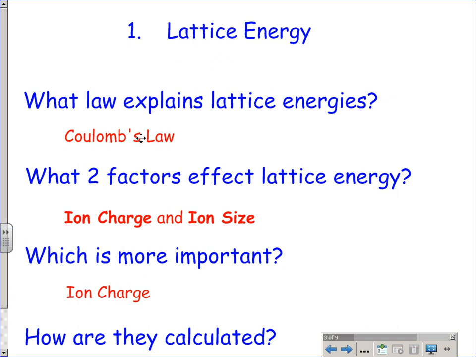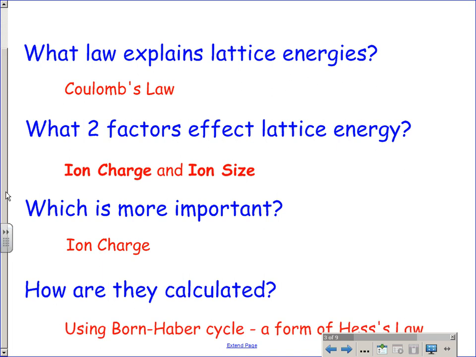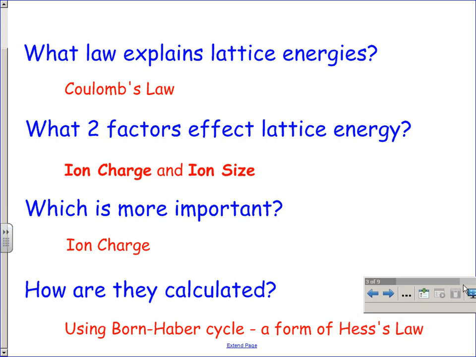And then finally, how are they actually calculated? Well, we don't do a lot with the Born-Haber cycle, but you need to understand the principle behind it. This is how we calculate lattice energies. It's really an application of Hess's law. So what we're really looking at is how, by looking at a variety of ionizations and formations and electron affinities, we can determine what the lattice energy is for a variety of different ionic compounds.